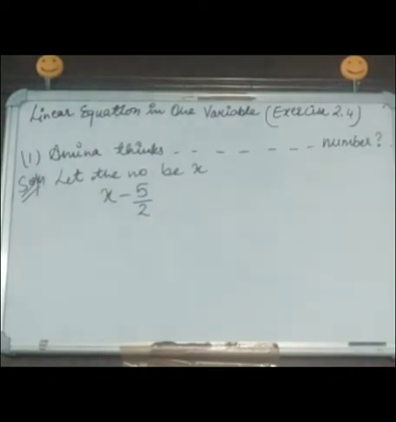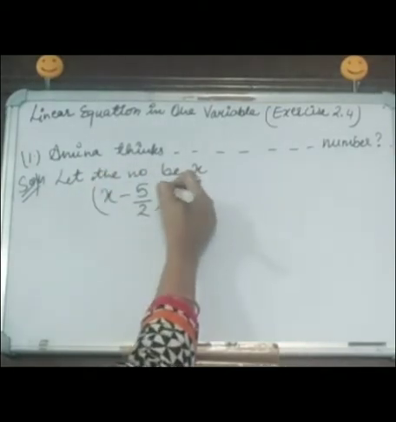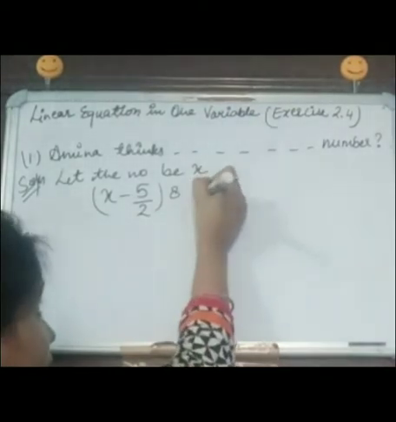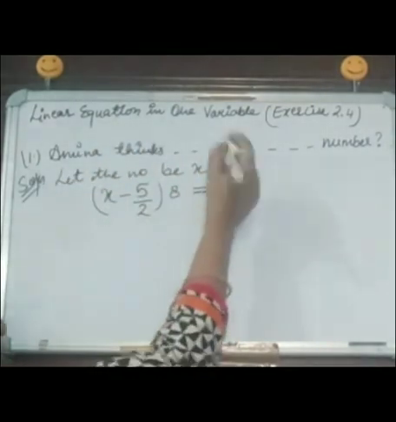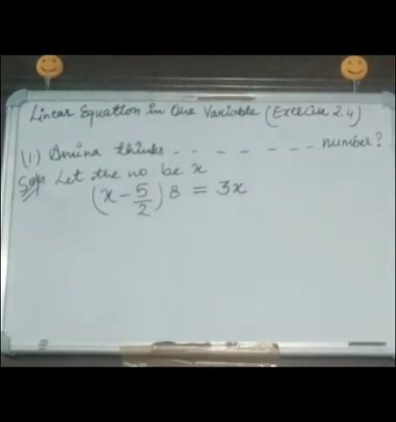Next, she multiplies the result by 8. Now the result obtained is 3 times the same number, that is, equal to 3 times the number she supposed.